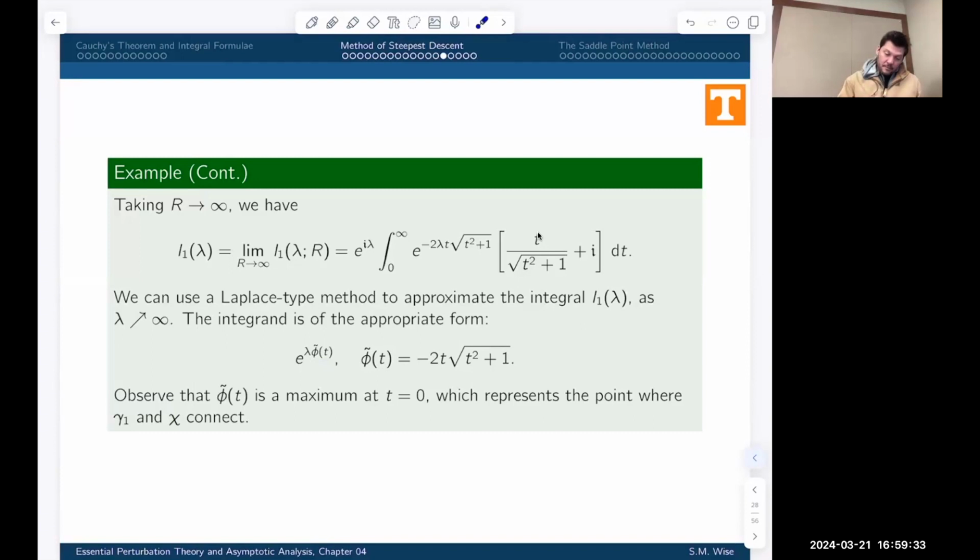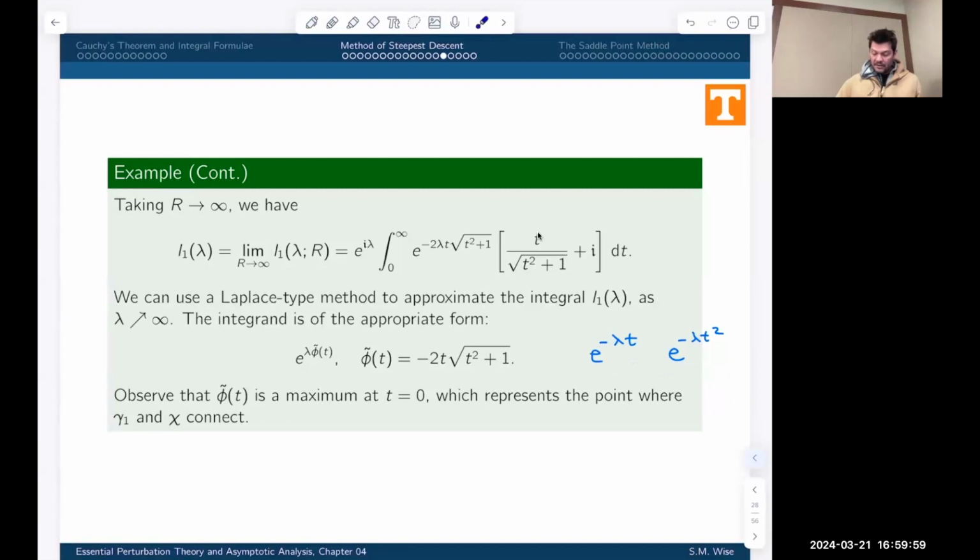For the Laplace integrals of the first type that we dealt with, it was e to the minus lambda t, and for the second type, it was e to the minus lambda t squared. Do you guys remember that? Our Watson's lemmas of the first and second kind. We could only deal with integrands which look like this or like that.